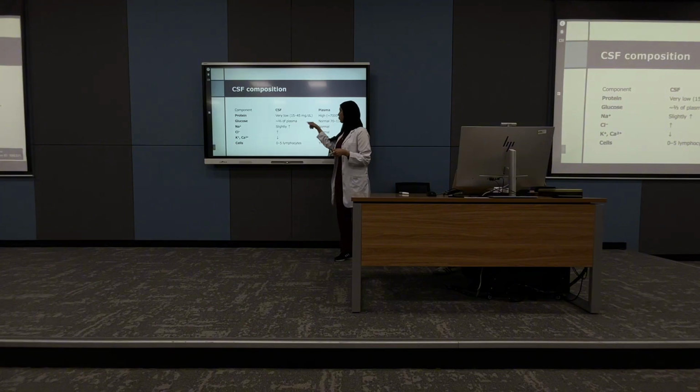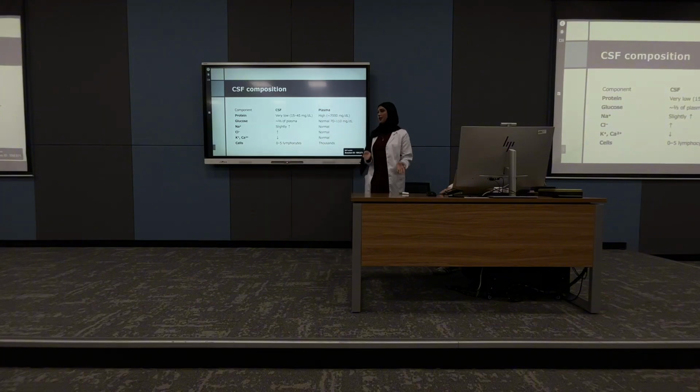Meningitis would lead to decreased glucose, and I'll tell you in a bit why. Then we have sodium, it will be slightly increased. Just keep in mind it's increased, okay? Again, high yield. Chloride is also increased. Potassium and calcium are decreased, and lymphocytes obviously are less.